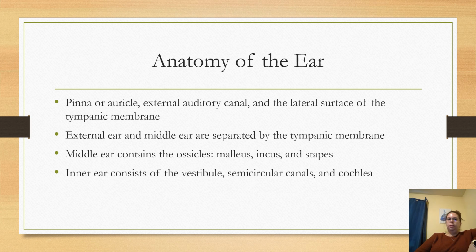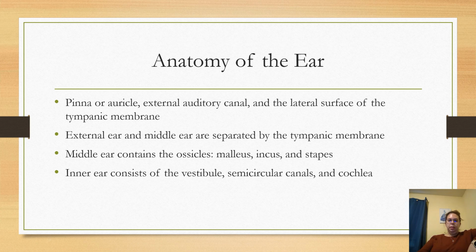what's going on. Okay. So for your ear, the pinna or the auricle is the big outer ear part that you think about, like right here. Then the external auditory canal, that's the part inside that leads up to the tympanic membrane. And the external ear and the middle ear are separated by that tympanic membrane.